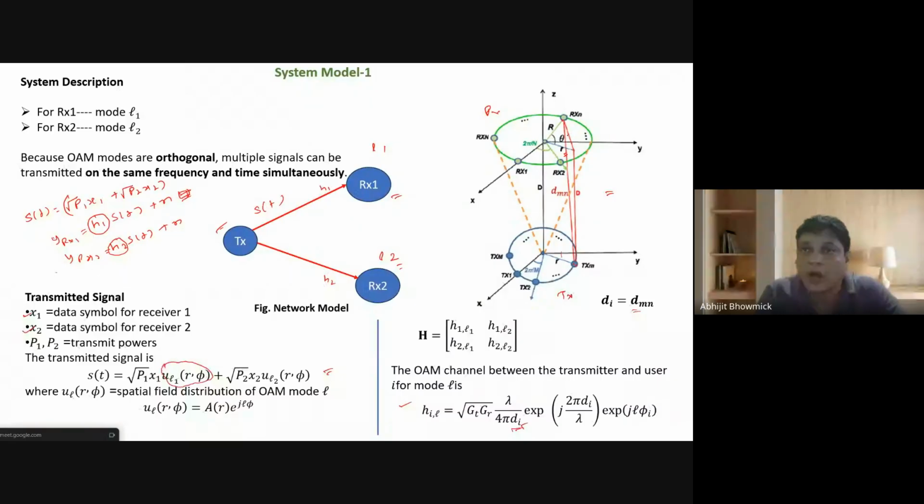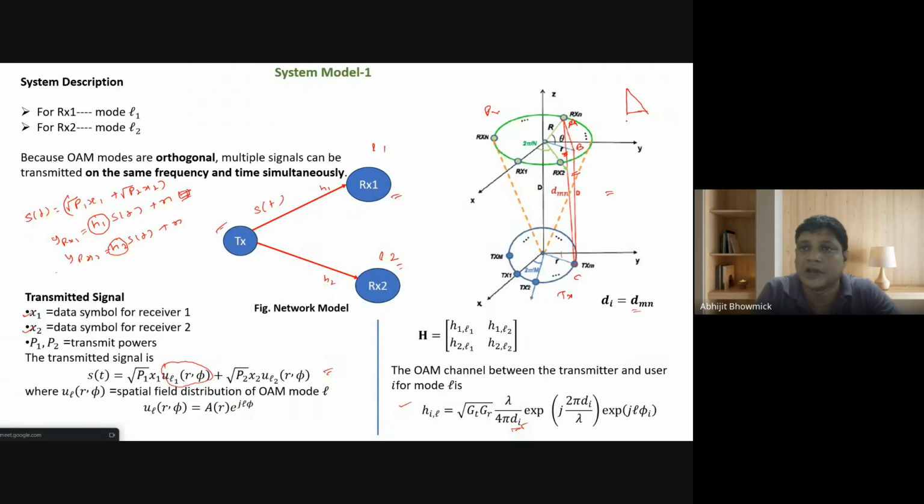Then how can I find this distance? I have to take a projection, because this is the bottom ring and this is the upper circular ring. This is the perpendicular, this is the base. If I say this is A, B, and this is C, it looks like this.